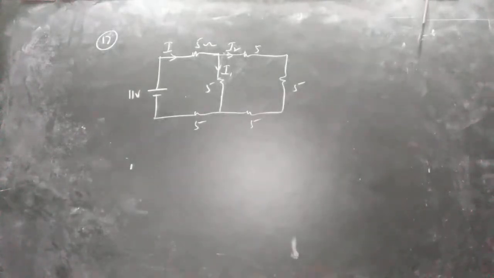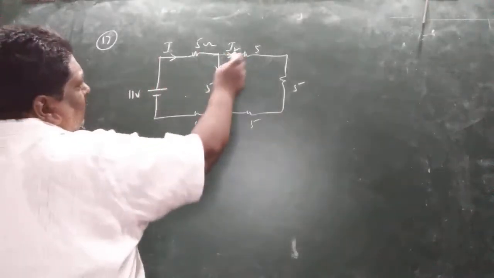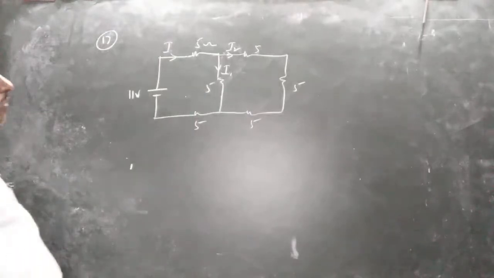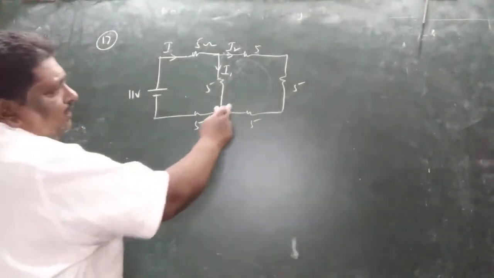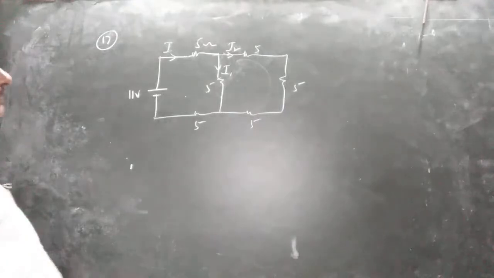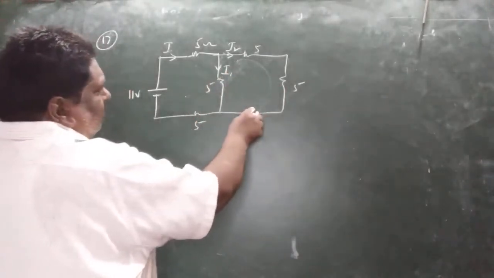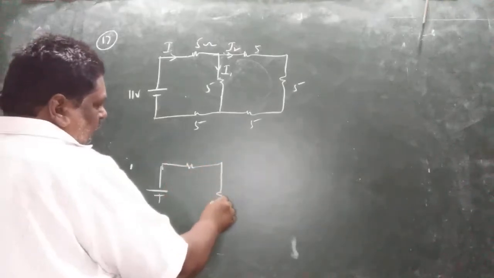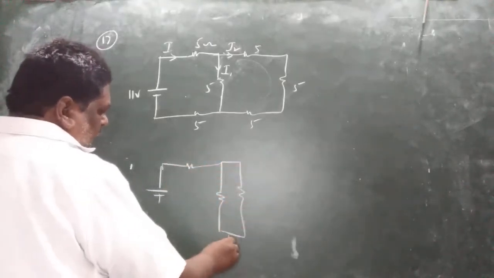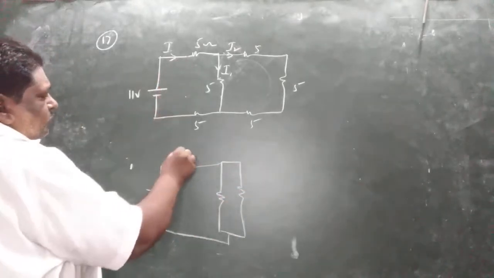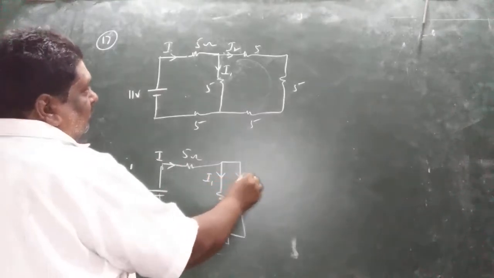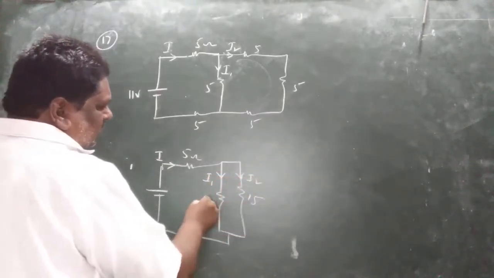So how to solve it? First of all, what is the current entering? That is divided, and using the parallel circuit you can solve. These three are in series, 5, 5, 5, 15. So we shall write it like this: it is 5 ohms, I current, I1 current, I2 current, it is 15, it is 5.